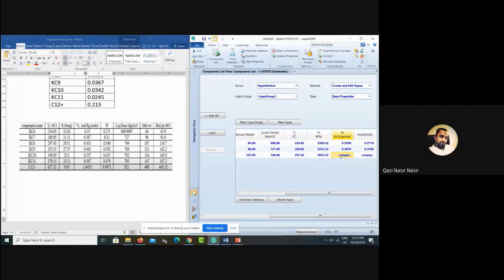And critical volume is 0.431. And eccentricity is 0.349.